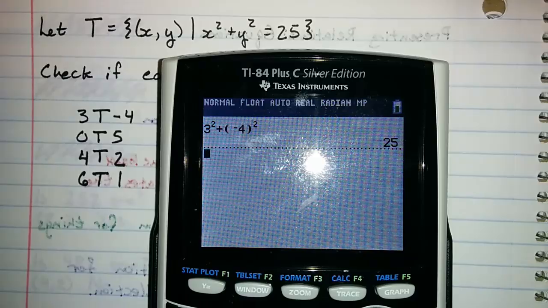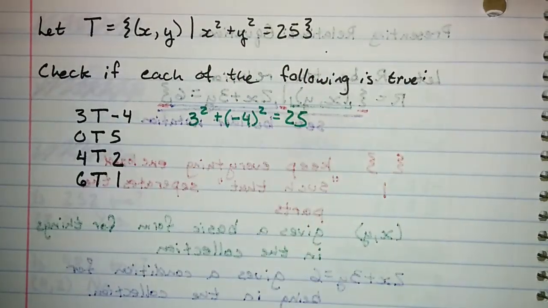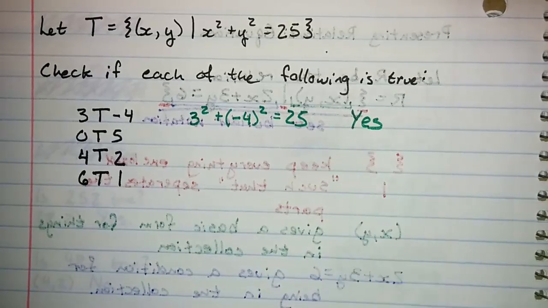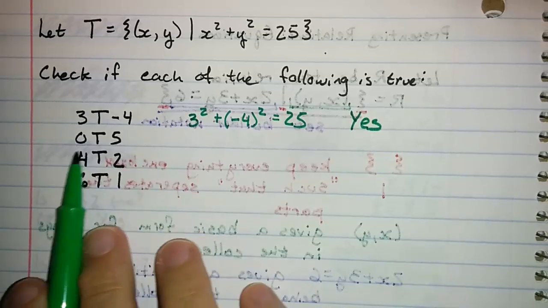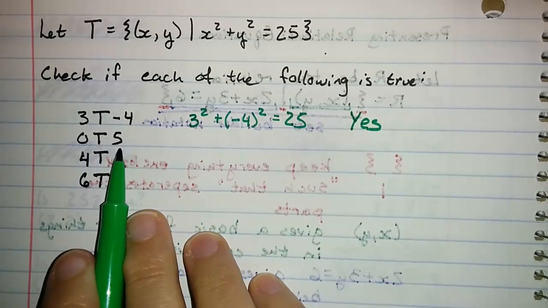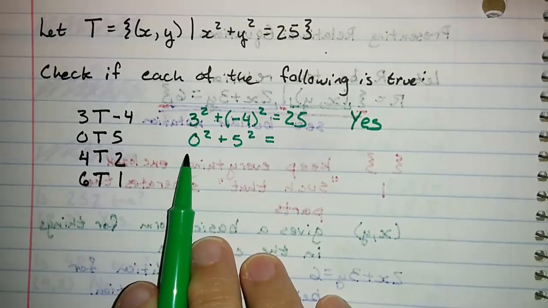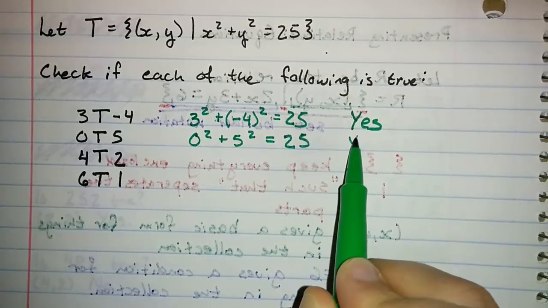And I see that I get 25, which is the condition for my relation. So yes, this is true. Next question. 0 in the x place, 5 in the y place. This one I can do in my head. This is 0 plus 25 is 25.